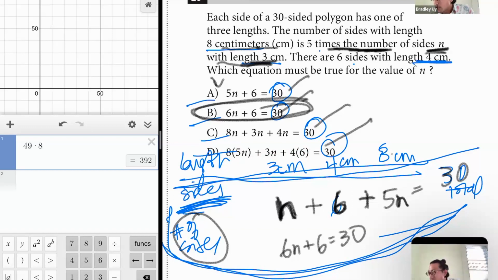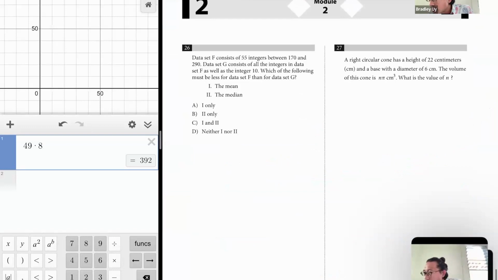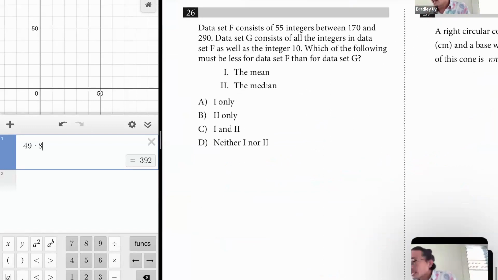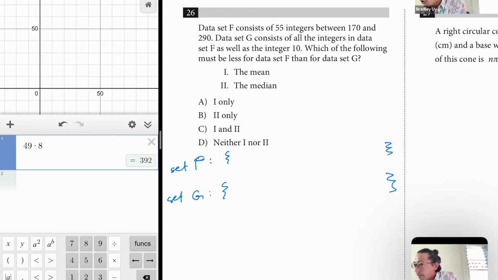Okay. Last question, two more questions. Okay, 26 I thought was also a good question. Let's say data set F, okay, set F. And there's set G. There are 55 integers, and they have values between 170 and 290.